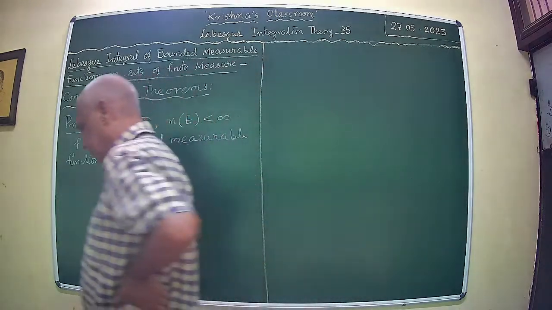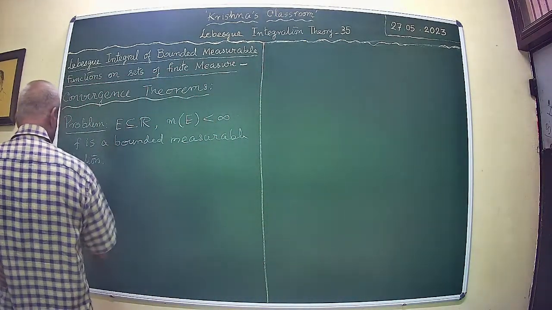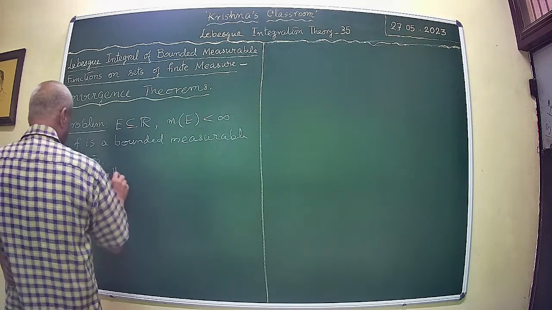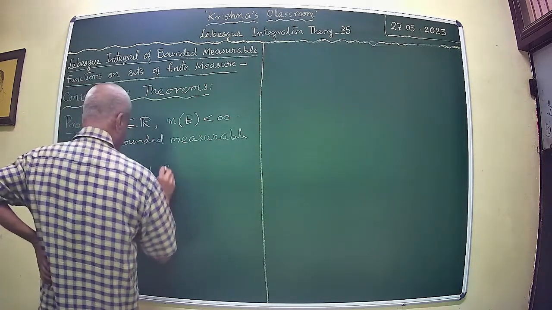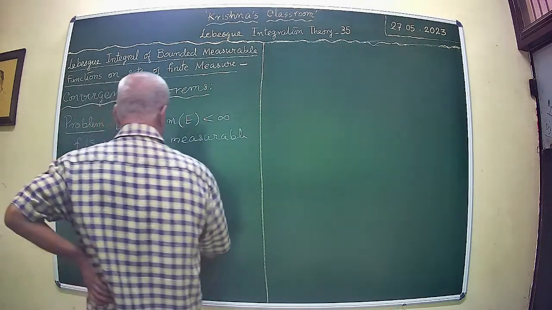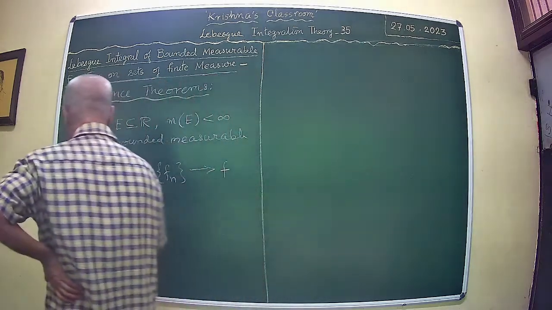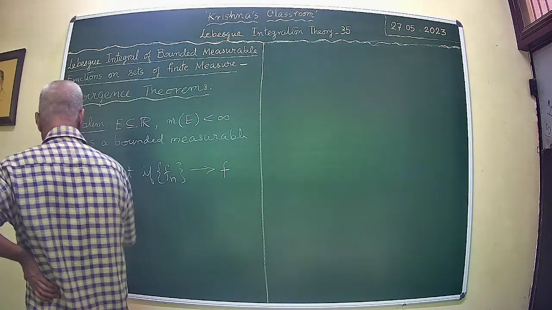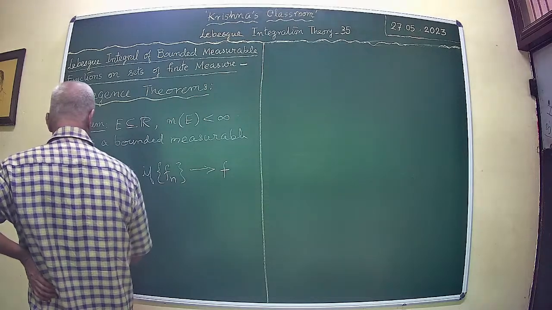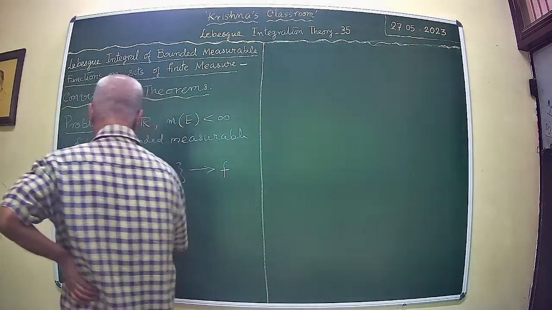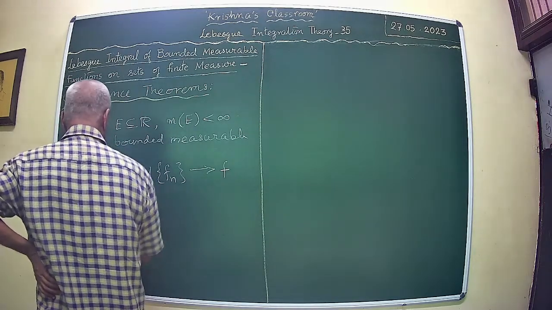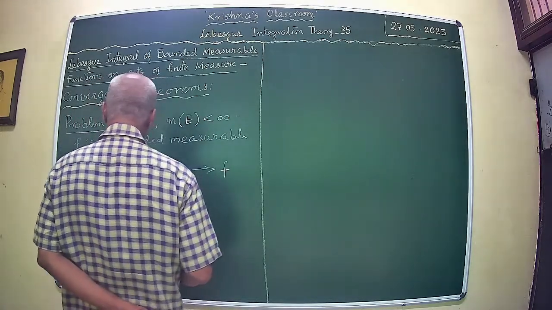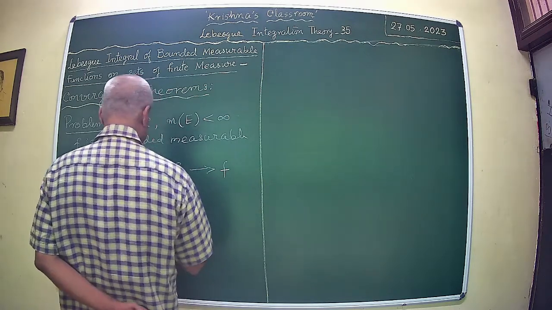We have proved that if Fn is a sequence converging to F pointwise, then F is a measurable function.